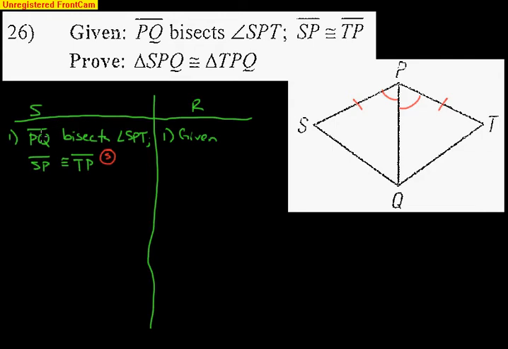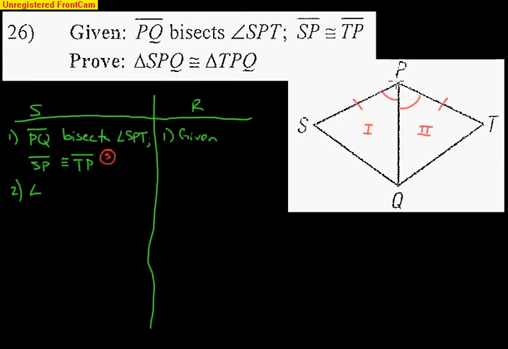Well, let's say what we can say based off of this first statement, segment PQ bisects angle SPT. And again, understand the goal is to prove that the triangles are congruent. We want to prove SPQ is congruent to TPQ. So, if PQ bisects angle SPT, then these two angles at angle P, SPT, are congruent.